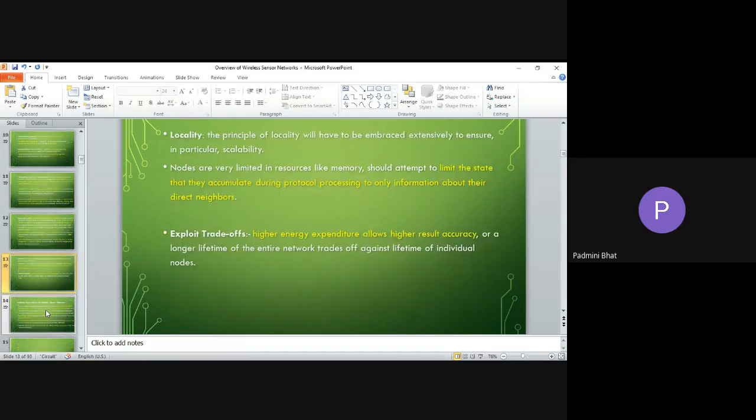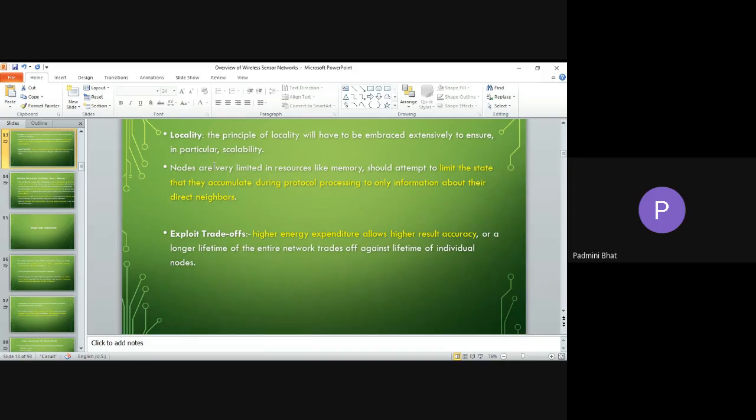Next comes locality. The principle of locality has to be embraced extensively to ensure, in particular, scalability, which we have studied. Nodes are very limited in resources like memory, so they should attempt to limit the state that accumulates during protocol processing to only information about their direct neighbors.